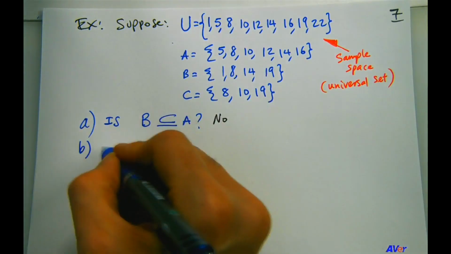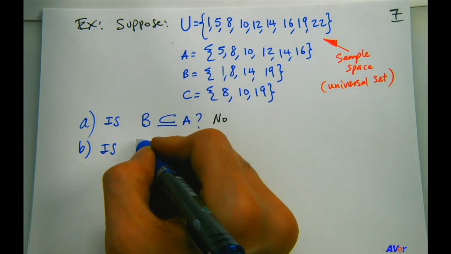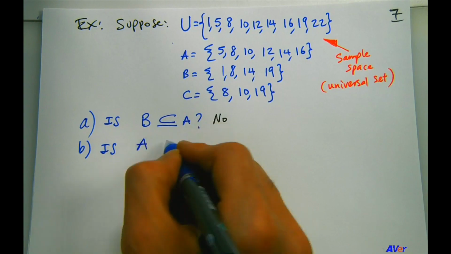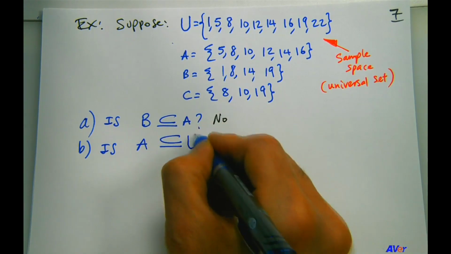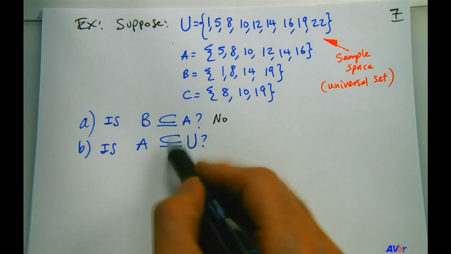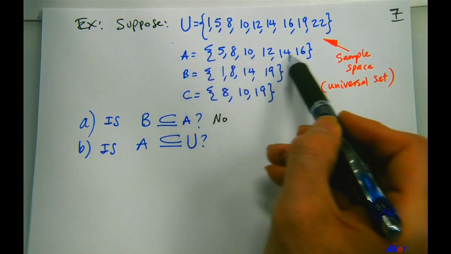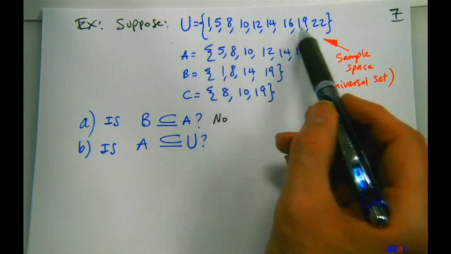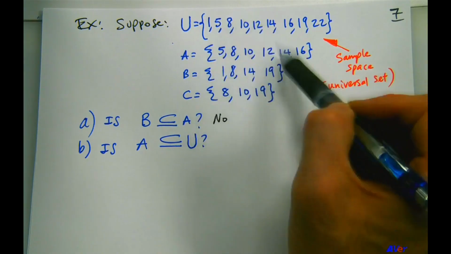For part B, is A a subset of U, you know, the sample space? Is A a subset of the universal set? 5 is there, 8 is there, 10, 12, 14, 16.